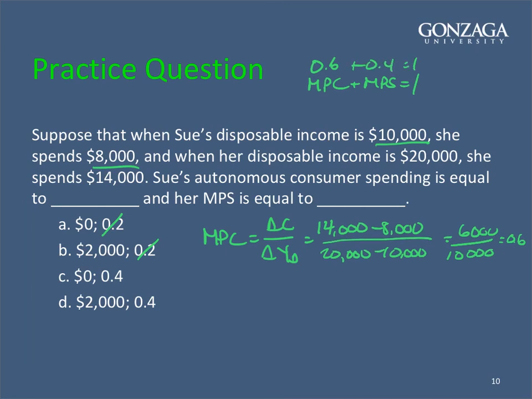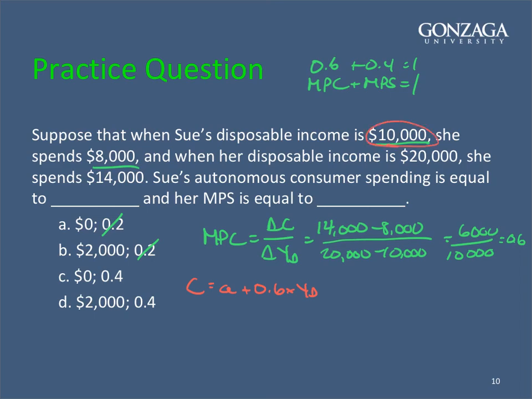Okay, so that's that. Autonomous consumption is the level of consumption when income is 0. How do we find that? To get to this, we're going to go back to our consumption function. C equals A plus, now we know our MPC is 0.6, times YD. So you can get to this answer by plugging in any 2 points on our line and solving for A. So let's plug in 2 points.